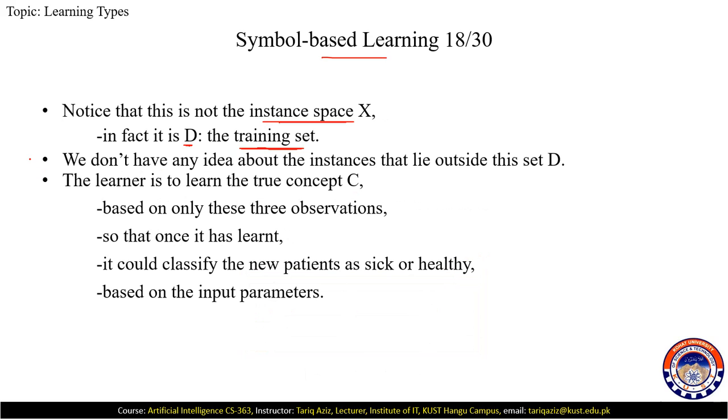Here again it says that we don't have any idea about the instances that lie outside this set D, because we choose some of the instances. Now the learner is to learn the true concept C based on only these three observations, so that once it has learned, it could classify new patients as sick or healthy based on the input parameters.